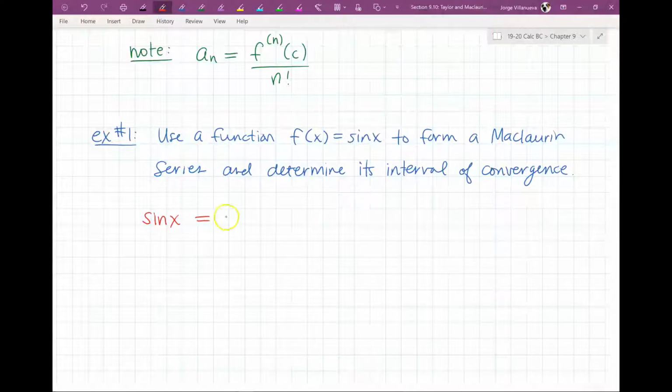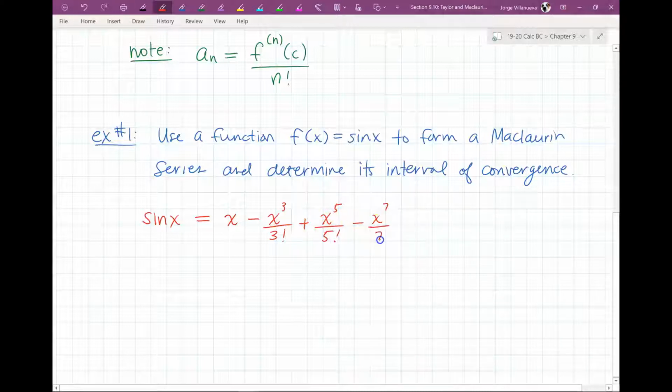So you start with x to the first, then minus x to the third over 3 factorial, then plus x to the fifth over 5 factorial, minus x to the seventh over 7 factorial, plus etc. Notice it is centered at 0, it's Maclaurin. Since we know this, can you write a series for this?